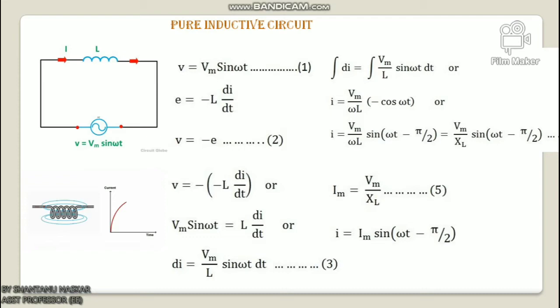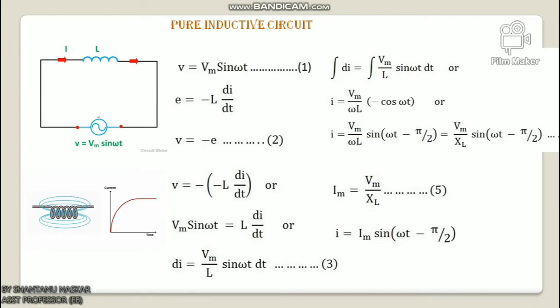This is equation 4, where XL equals omega L is the opposition offered to the flow of alternating current by a pure inductance and is called inductive reactance. Okay, XL is called inductive reactance. I have already discussed inductive reactance and capacitive reactance.